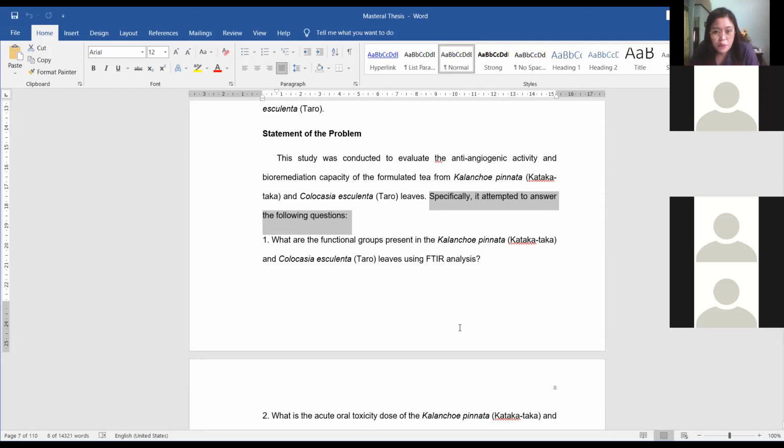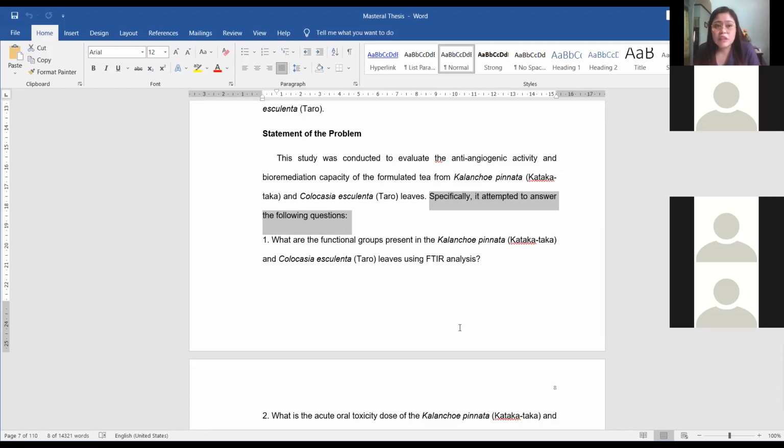So my number 1 question: what are the functional groups present in the plants using the FTIR analysis? So before I checked the activities like the anti-angiogenic and the bioremediation capacity, I first identified the functional groups present in my plant.